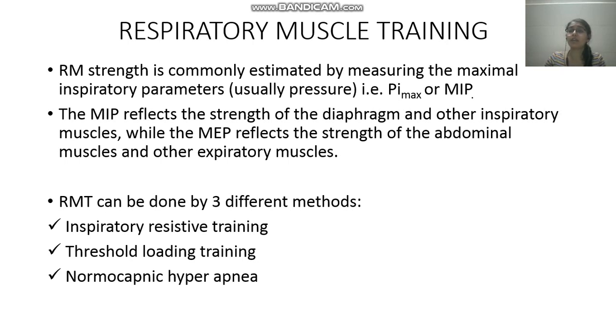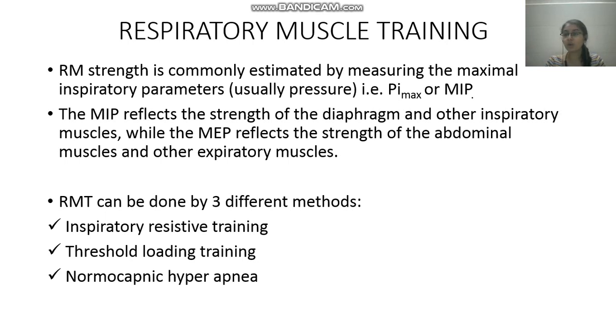You can even put weight on the xiphisternum, the attachment of the diaphragm, and ask the patient to lift it while they are breathing in. That is how you do inspiratory resistive training.